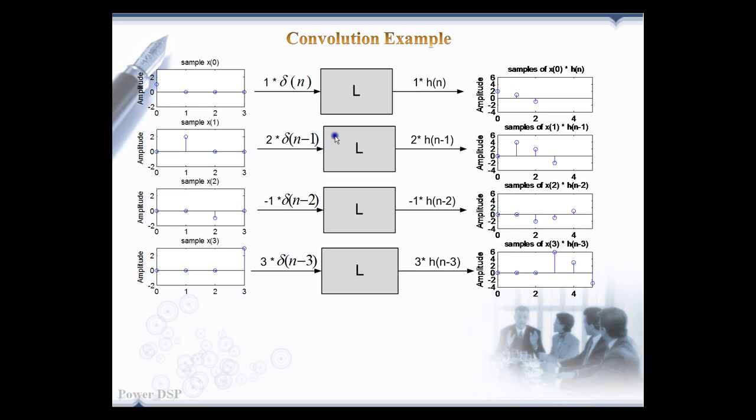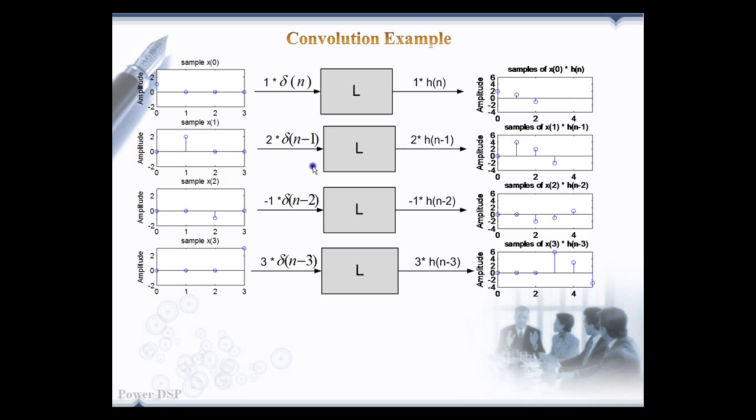Now the sample is written in terms of a scaled and shifted version of the unit impulse. What is the output now? Very simple. Apply the linear system property. The same amount of scaling and shifting should appear at the output if the system is linear. So the same amount of scaling and shifting appears at the output.